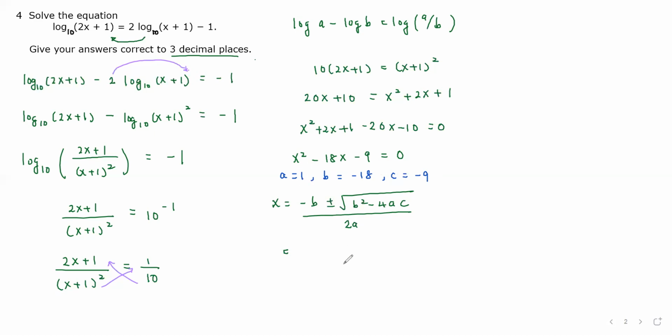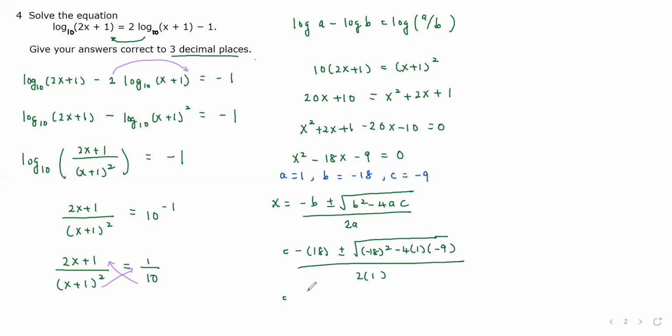Negative of negative 18 plus or minus the square root of negative 18 squared minus 4 times a is 1, c is negative 9, all over 2a, a is 1.